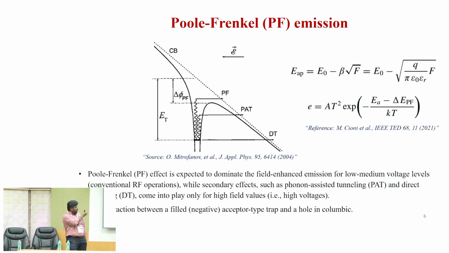In phonon assisted tunneling, the electron gets some thermal energy, and when the barrier is triangular or something, then it will tunnel. So that is PAT, and direct tunneling will occur at very high temperature and electric field. We are neglecting that part. So we are assuming that only Poole-Frenkel emission is dominating in the HEMT structure.